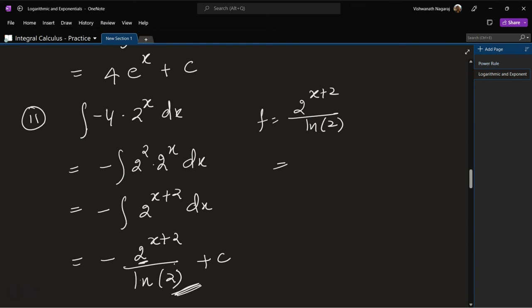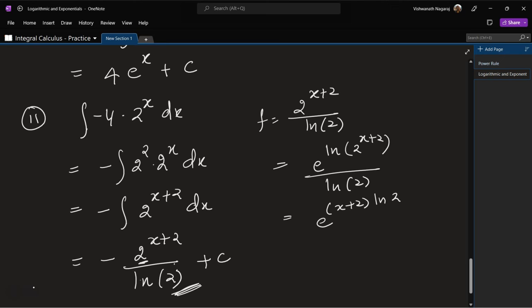How do we differentiate this? Remember the trick that we saw in the previous sessions? Let's exponentiate it and take the natural log of 2 to the power of x plus 2 by natural log of 2. This can be written as x plus 2 times natural log of 2 by natural log of 2. Till now we have not differentiated. We have just manipulated it.